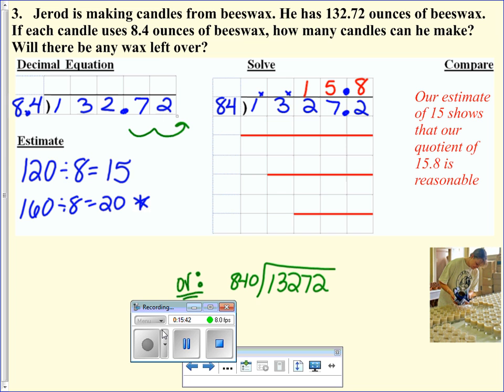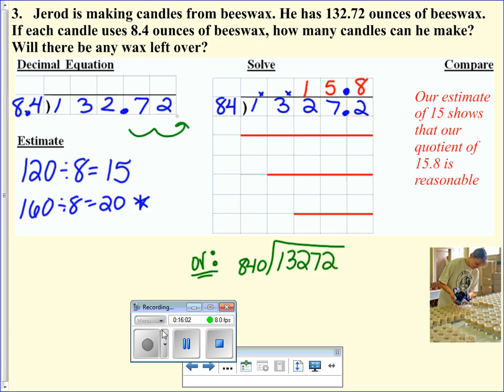Wait a minute, 158 and 20, one's in my hundreds, one's in the tens, so that doesn't make sense. So at least you know that you have your decimal in the right spot. 15, 20, that's okay.